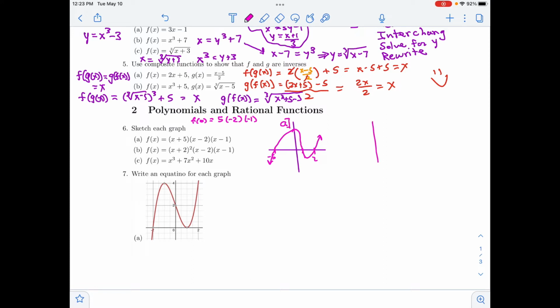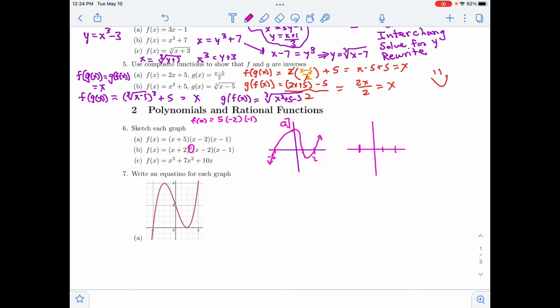Now, let's look at B. Okay. On B, once again, we find our roots. We've got -2 right here, and we've got +1 and +2. Now, the thing is, notice that this right here, this 2, that indicates a multiplicity of 2.